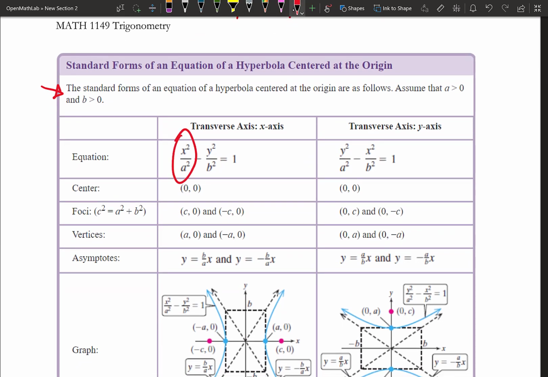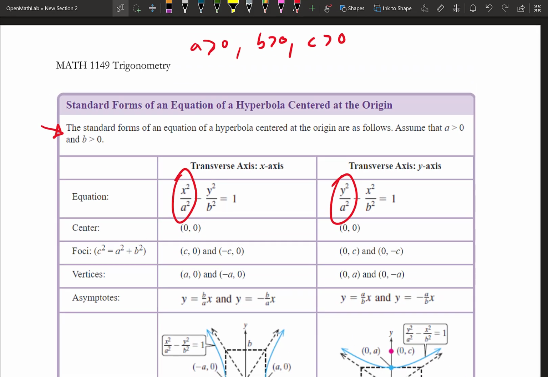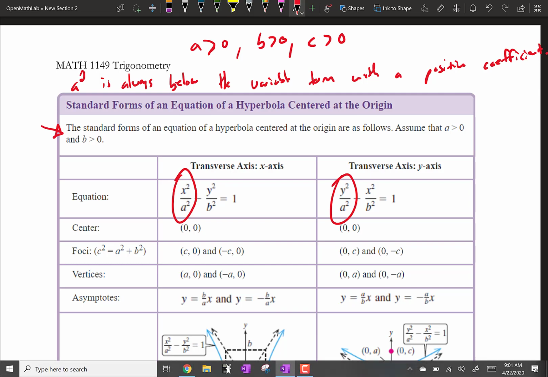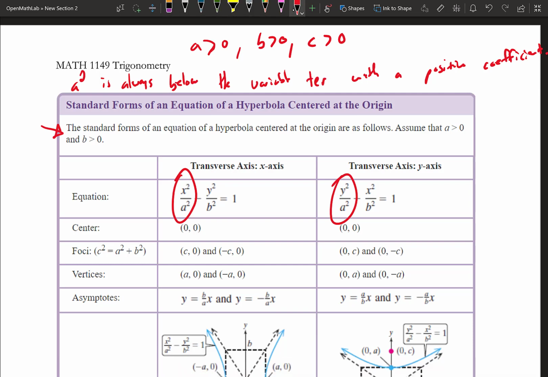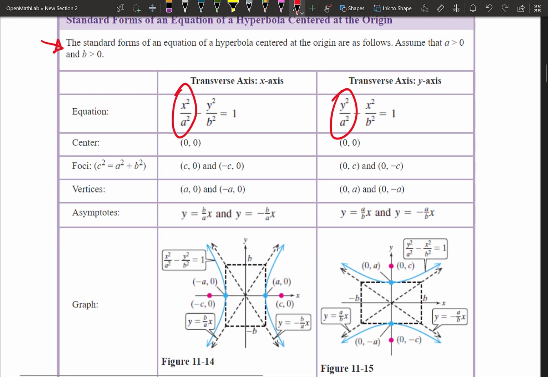One thing to notice is that A squared is always below the variable term with a positive coefficient. That's what we're looking for there.